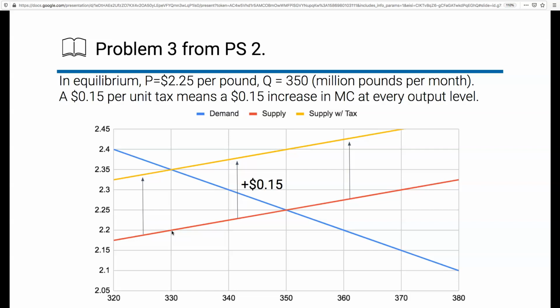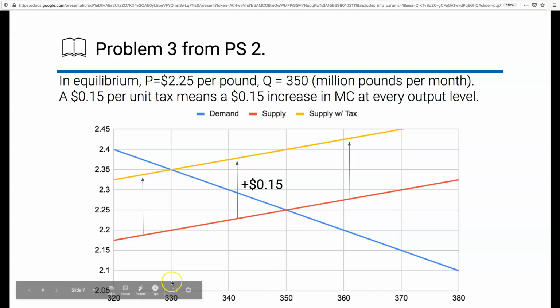Just like I said in the previous video, in the equilibrium without any taxes, the price should be such that quantity demanded and quantity supplied exactly match each other. And this is what happens at 225.